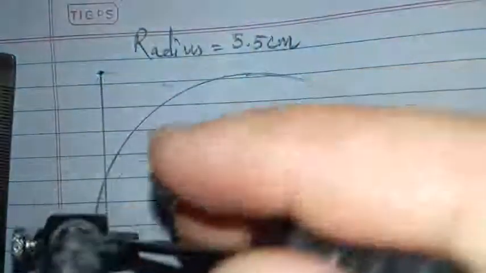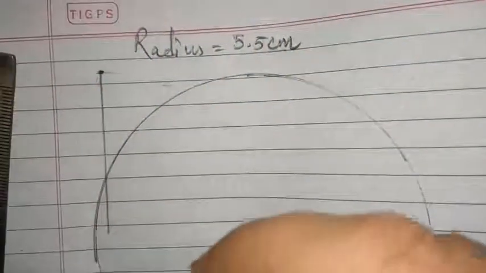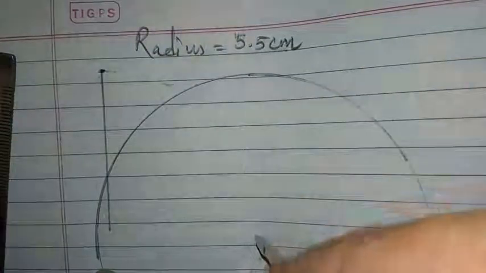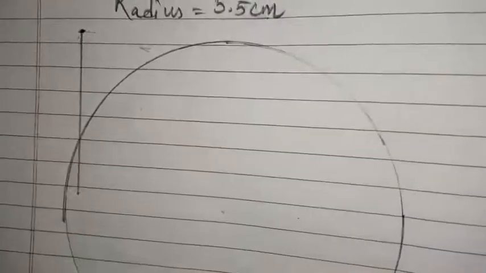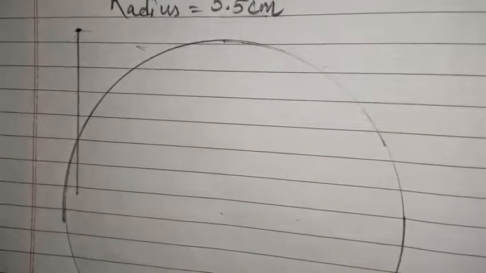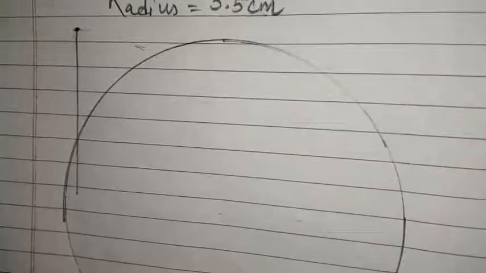So I'll show you the full part. Some problem here I have made, but no problem. You will also face such problems, but just see, this is the circle here, of 5.5 centimeter. This is quite a bigger one, so you may face a problem, but don't worry. After practicing more than thrice, it will be more okay.